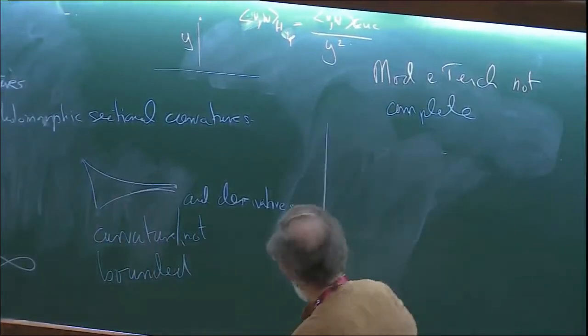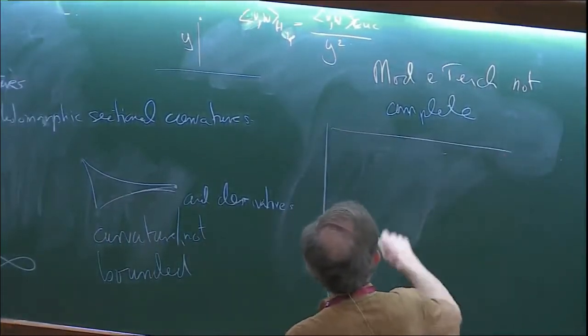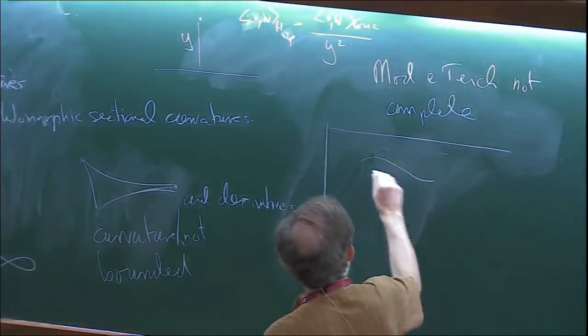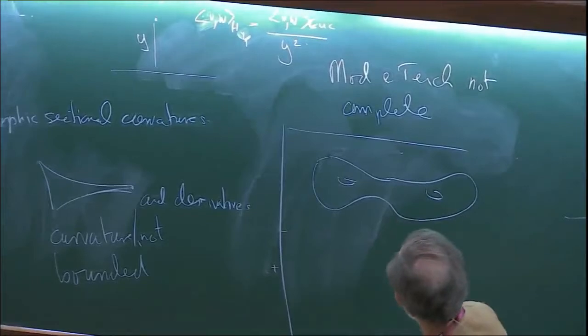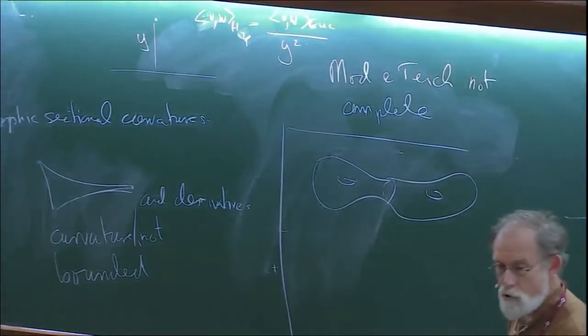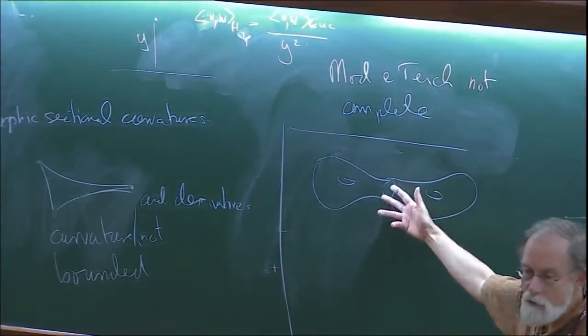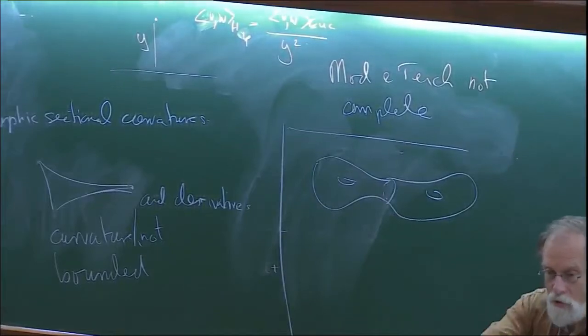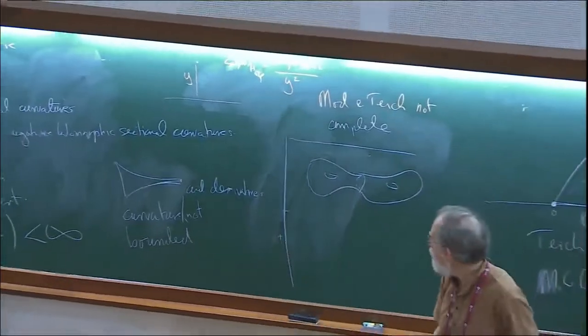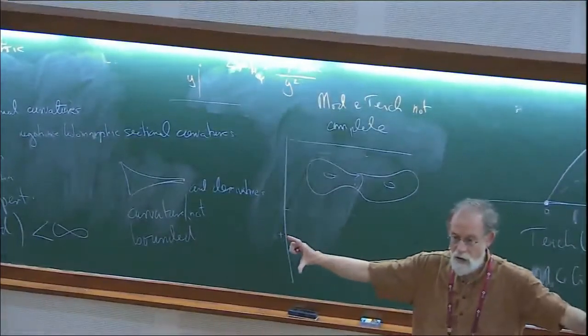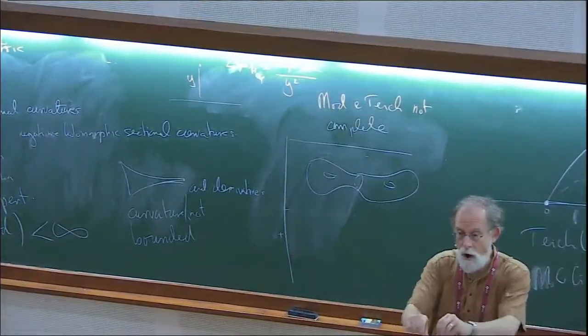Maybe one more remark to make is that if I have a surface like this one, and I shrink the geodesic in the middle down very, very short, you then have a very long neck on either side of it. And then the surface starts to look like two punctured tori.